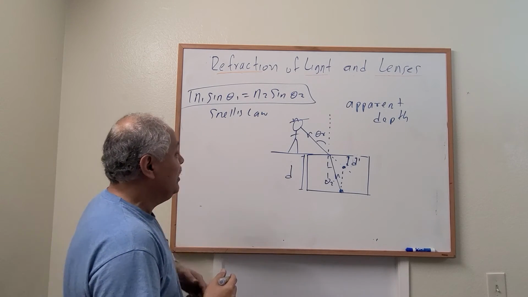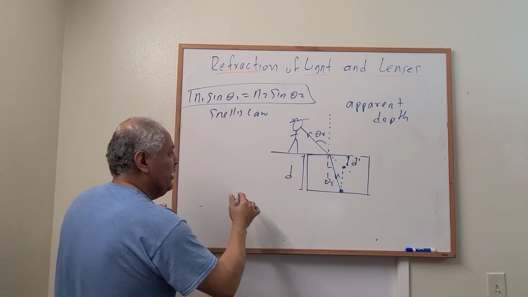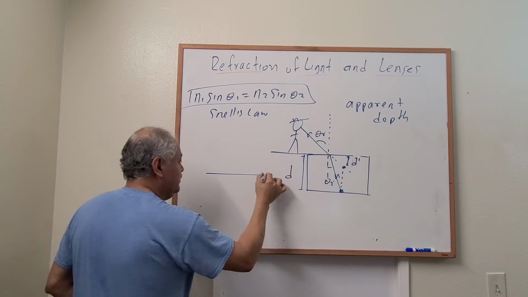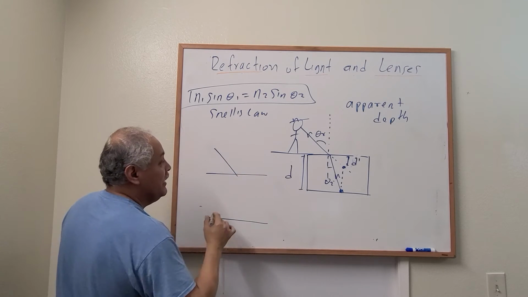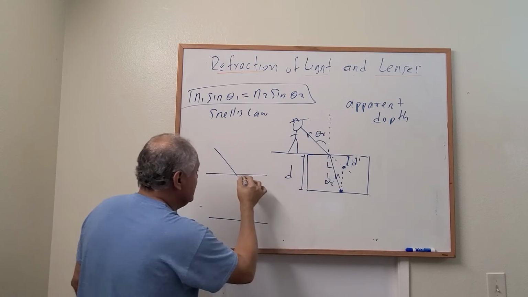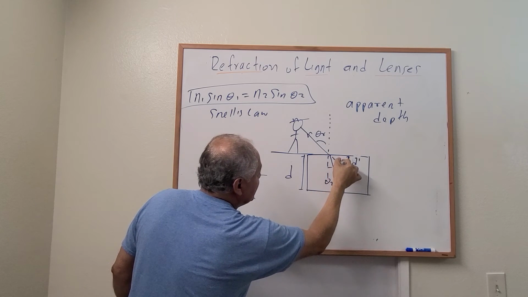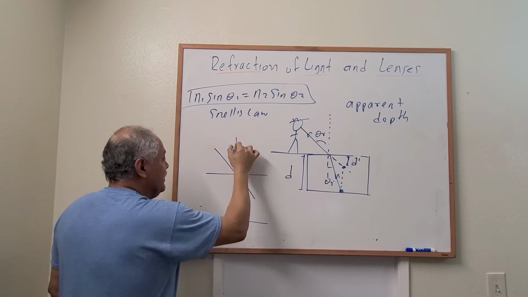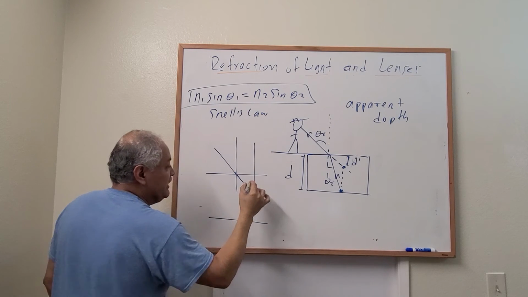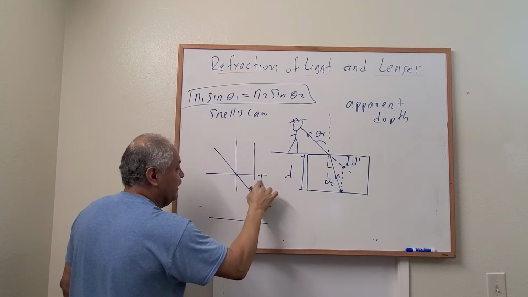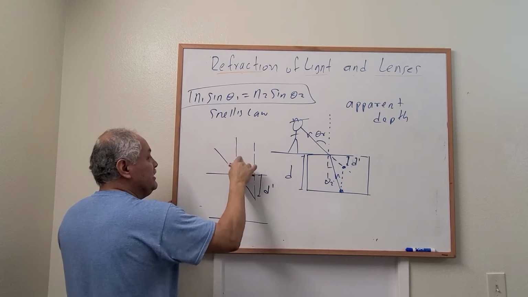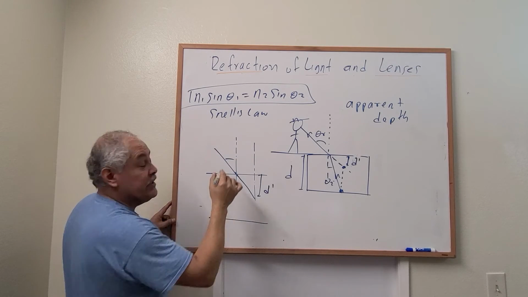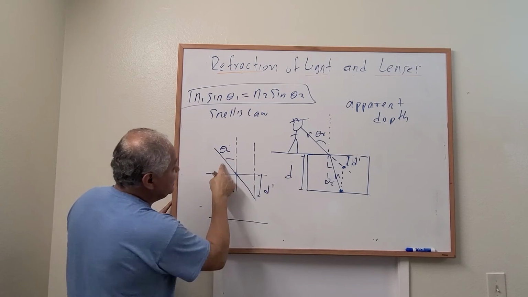Perfect. Now look, what do we have? Let me try to enlarge this situation. Let's project this line. This is the distance from here to here, D prime, and this is the normal, and remember, we call this an angle. So these two angles are the same.